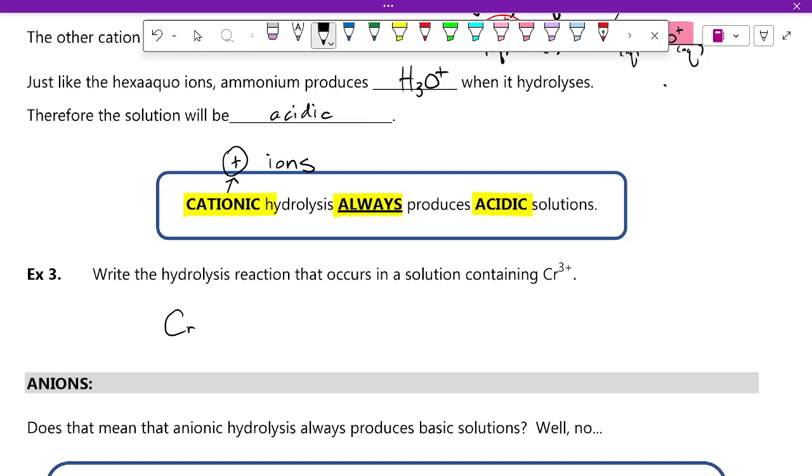Feel free to use your pink sheet to help you with this one if you need. Anybody need a pink sheet? No.